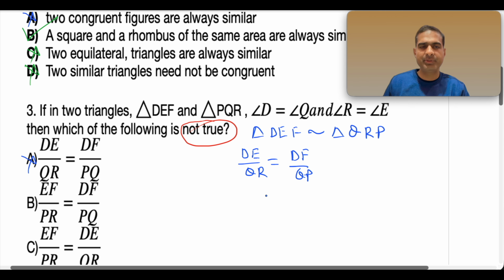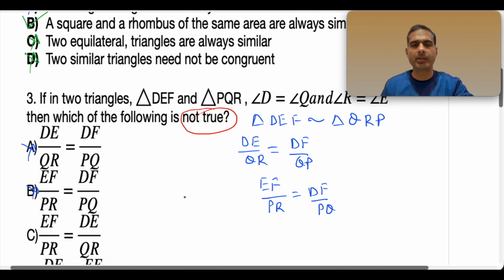Now option B says EF by PR. So EF, second and third, PR, again second and third of the second triangle, is equal to DF, first and third, will be equal to PQ, first and third. So this is also true, but we have to see which is not true.